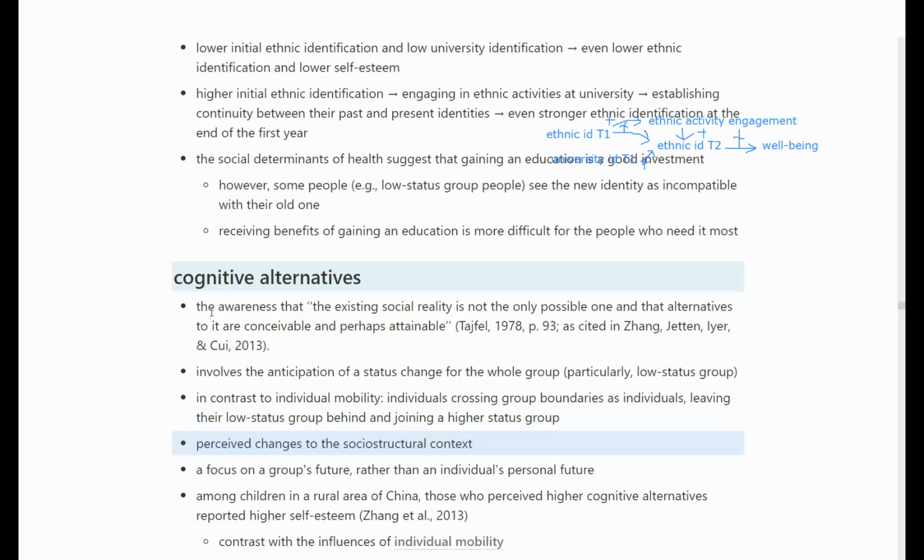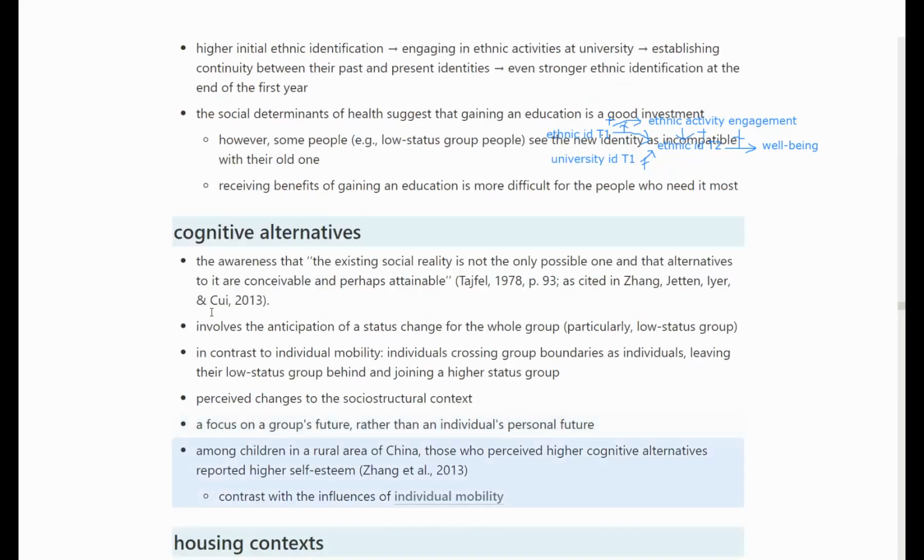And also when they have such awareness, they are more likely to perceive changes to the social structure context. So I think this is more like mutual. And when they have such awareness, they are more likely to focus on their group's future rather than an individual's personal future.